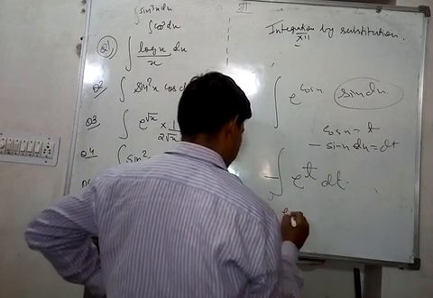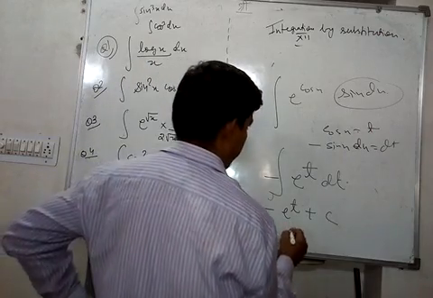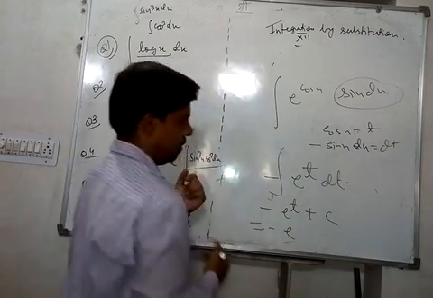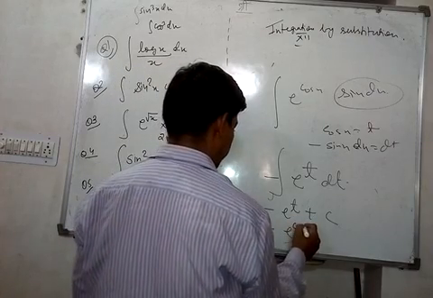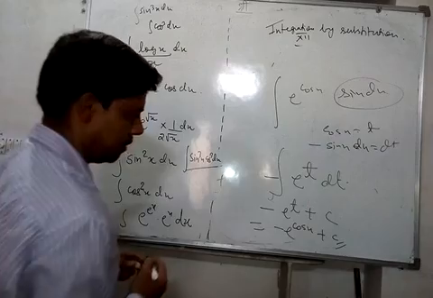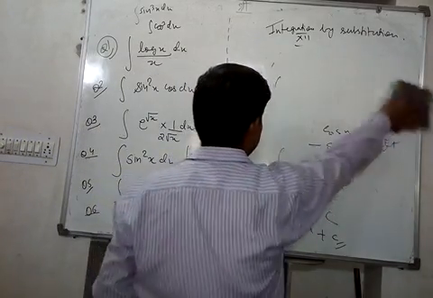So the integration is minus e to the power t. What is t? t is cos x plus c. So the answer is minus e to the power cos x plus c. Okay. Next question.